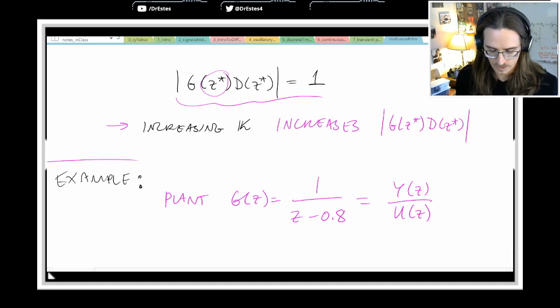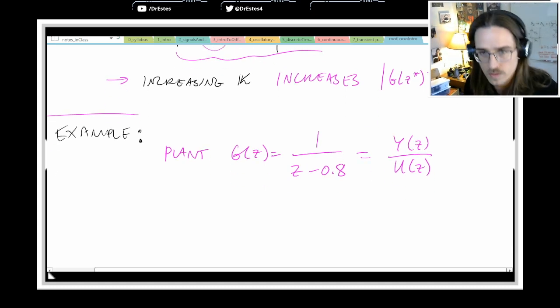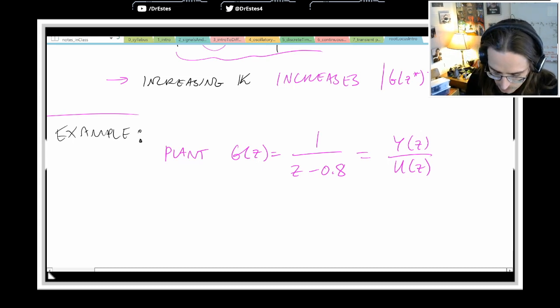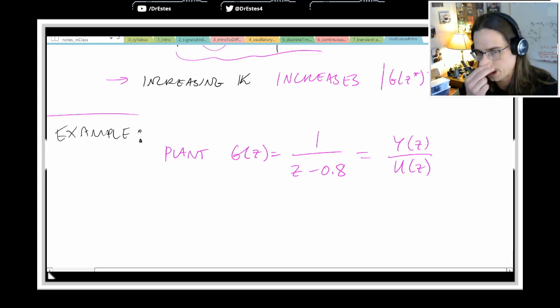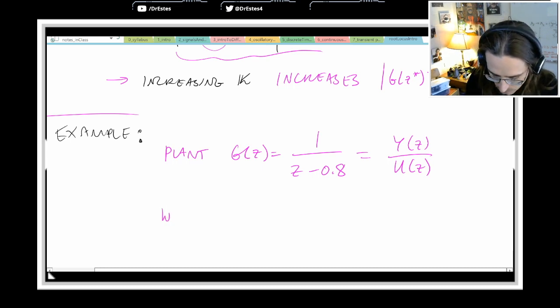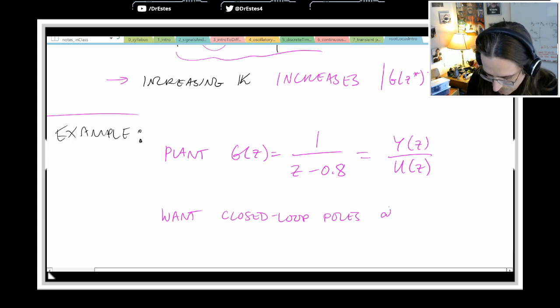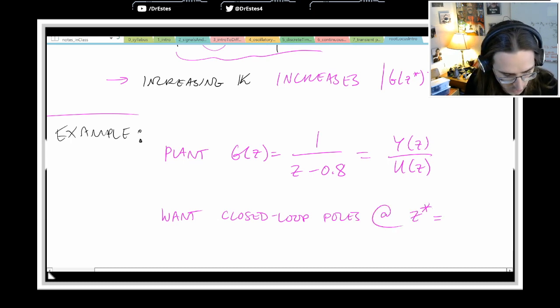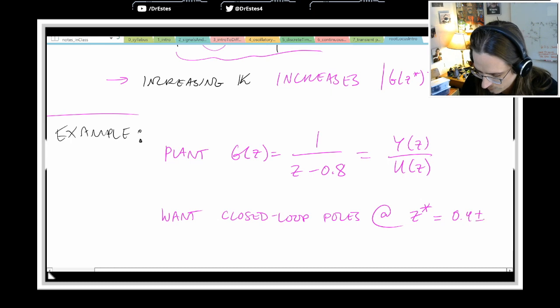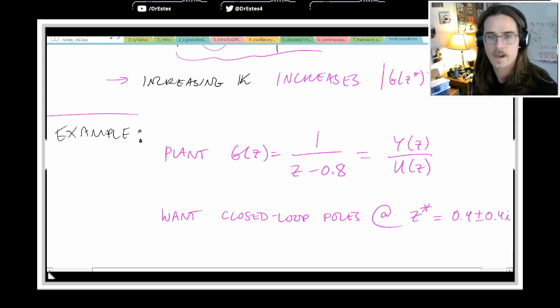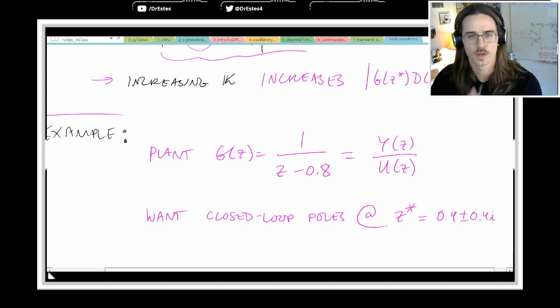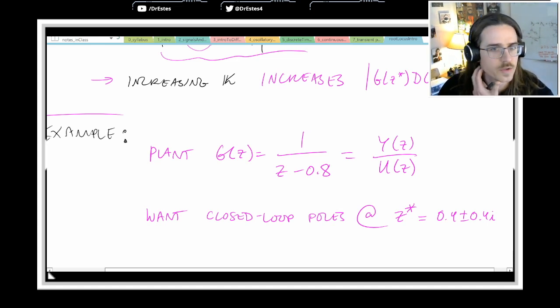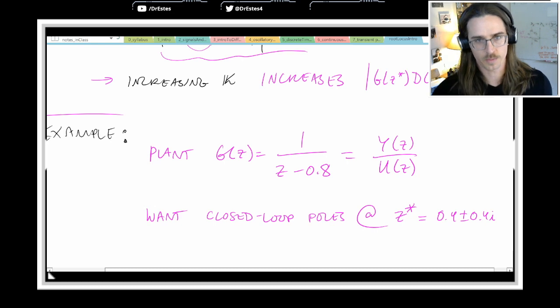We're going to do our same unity feedback loop, and we don't know what our controller is going to be yet, but I want closed loop poles at, let's call it, z star equals 0.4 plus or minus 0.4i. So this will give me some complex conjugate closed loop poles that meet some performance criteria.